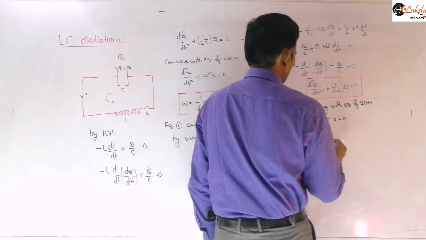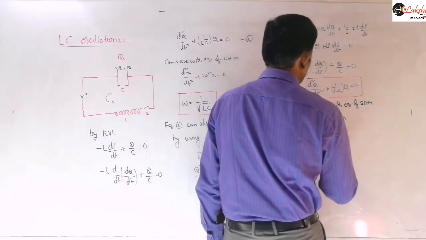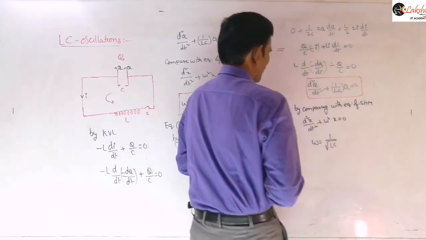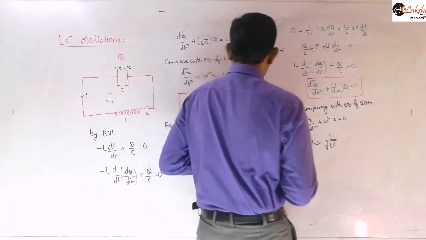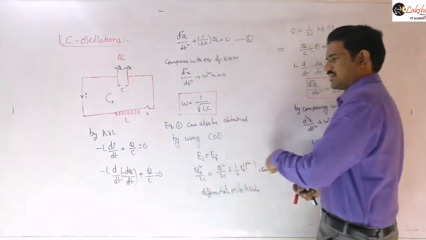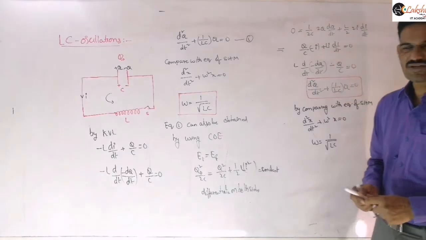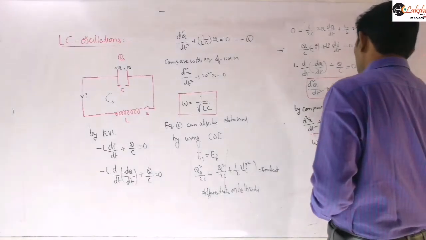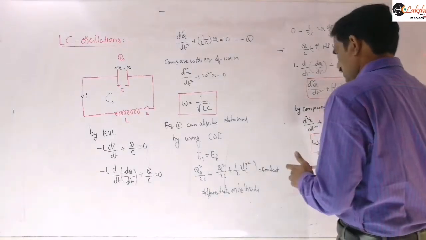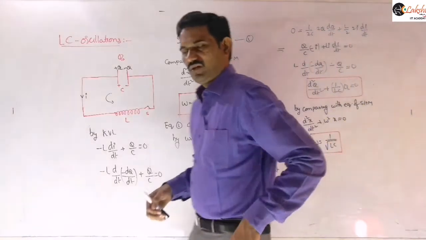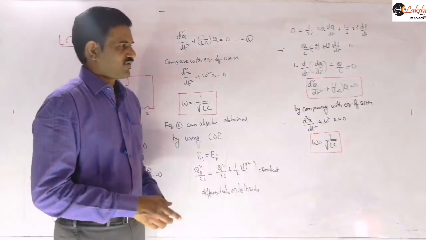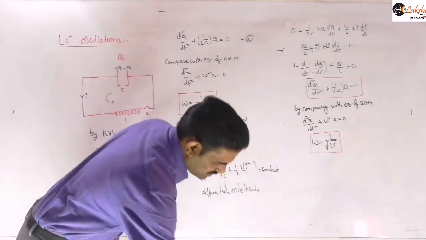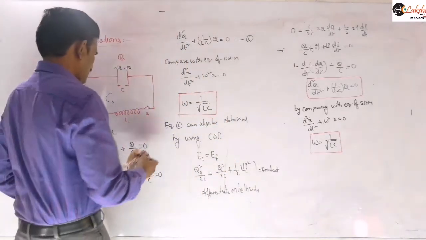The omega value again I am writing here, that is 1 by root LC. Either you can approach by Kirchhoff's law, which is our first method until here. Now this is the second method, by using conservation of energy. Next our step is to write the charge expression. For writing the charge expression, let us take this equation here. So I will rub this.